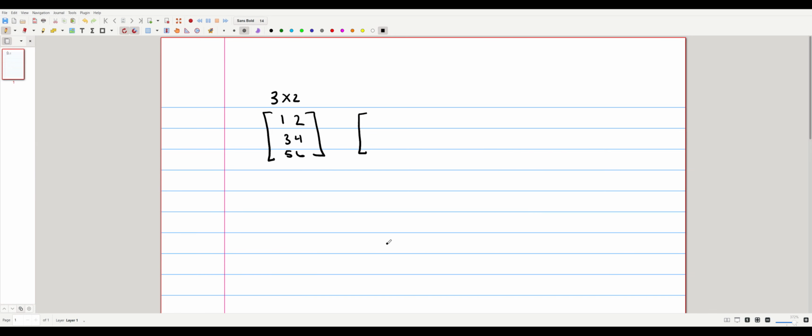And then we have a 2 by 4: 1, 2, 0, 1, 0, 1, 2, 3. And so do the numbers on the inside match? Yes. So our resulting matrix is going to be a 3 by 4. And so we're going to have 3 rows and 4 columns.